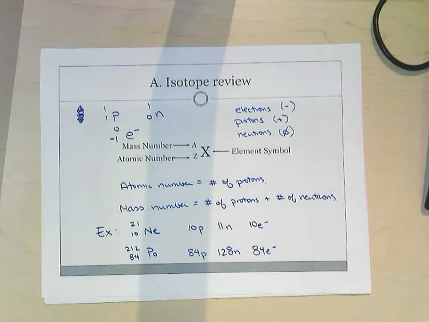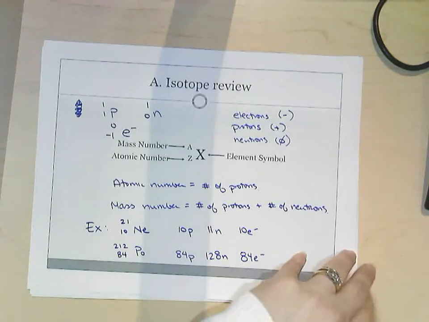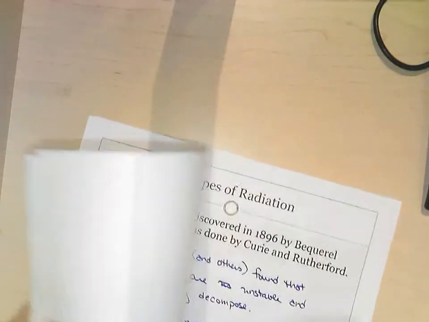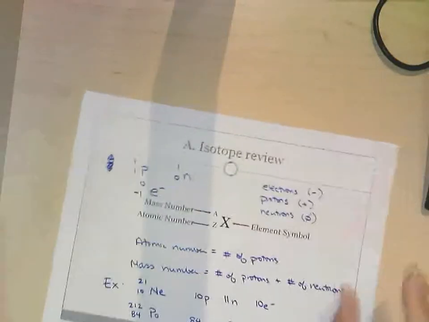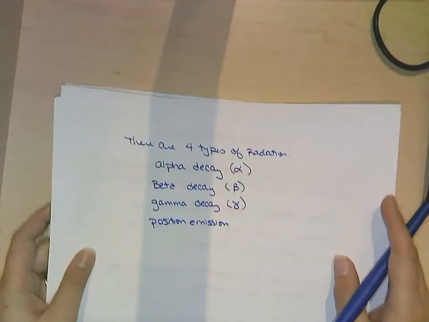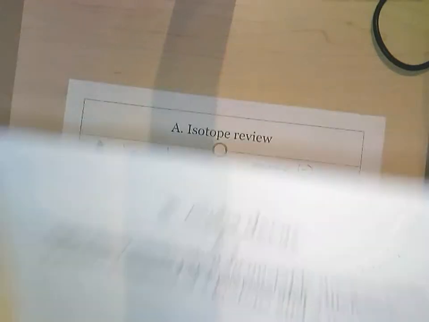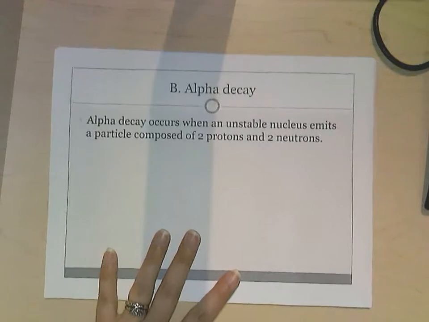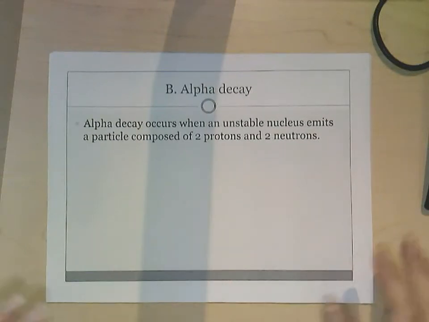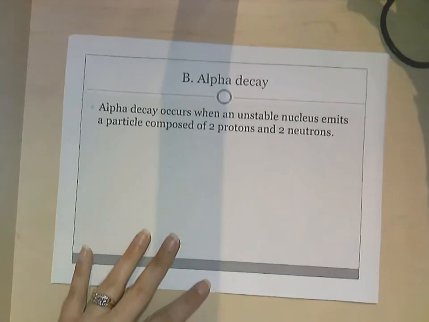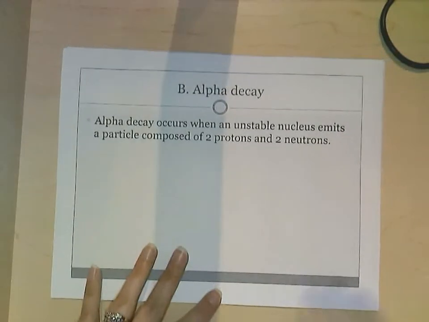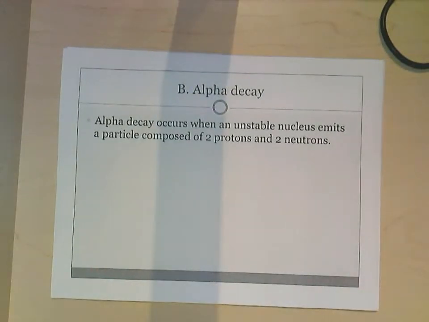So we finished off doing isotope review. One of the 4 categories of radioactive particles we're going to look at: we have 4 types: alpha, beta, gamma, and positron. We'll look at alpha first. Alpha decay occurs when an unstable nucleus emits a particle composed of 2 protons and 2 neutrons.